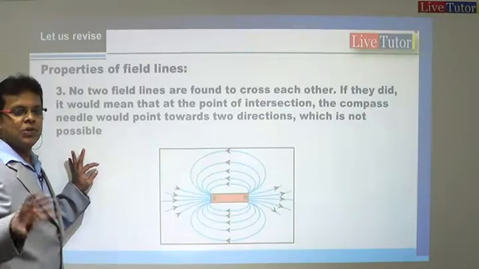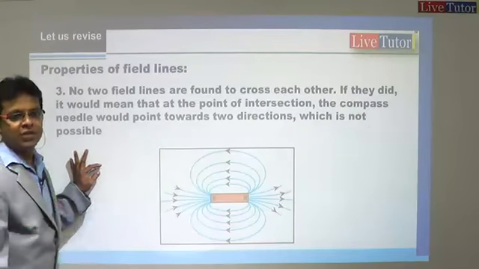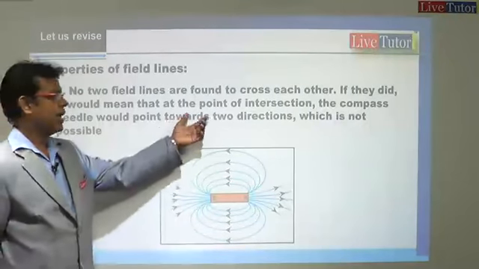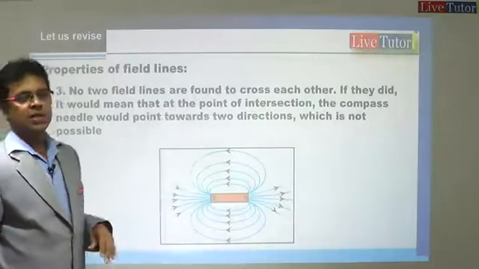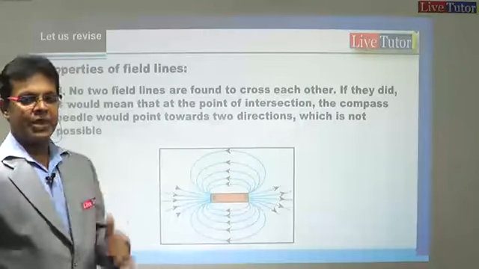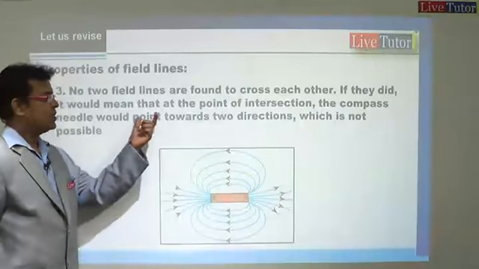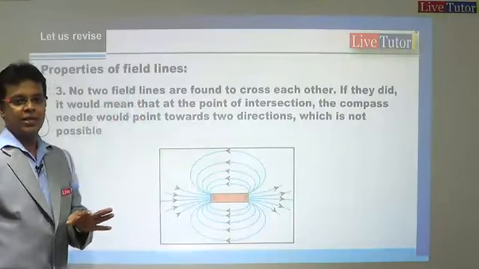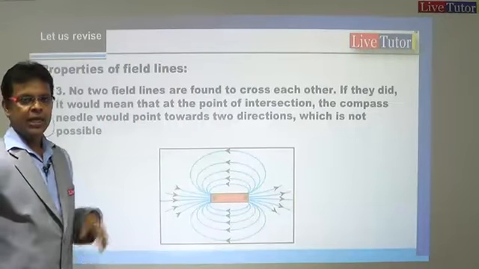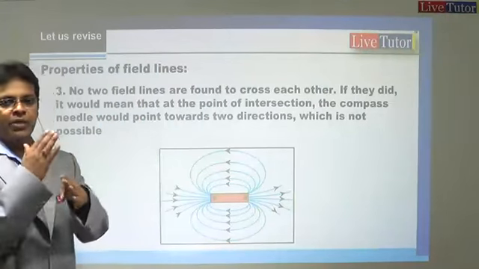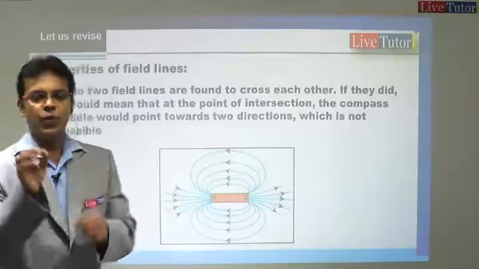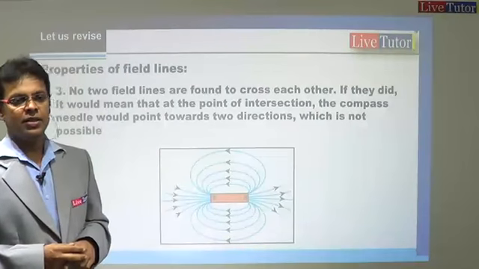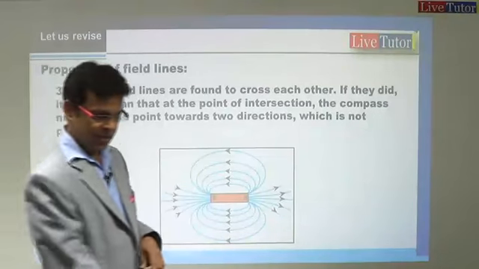So we assume that the field lines will never cross each other. Okay, this point you have to note down. They frequently ask this question, which is somewhat concept based. So we say that no two lines are found to cross each other. If they did, it would mean that at the point of intersection, the compass needle would point towards two directions, which is not possible. Am I clear?